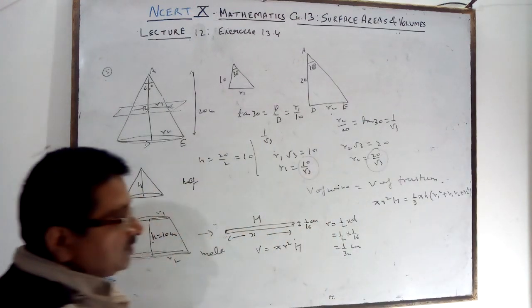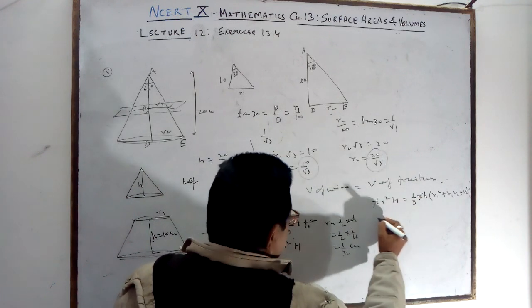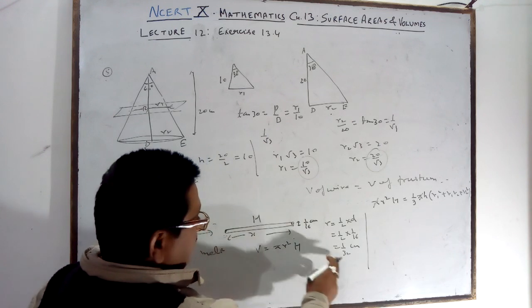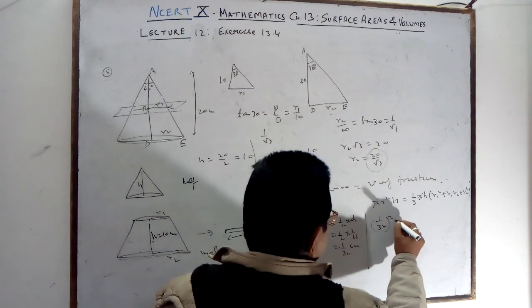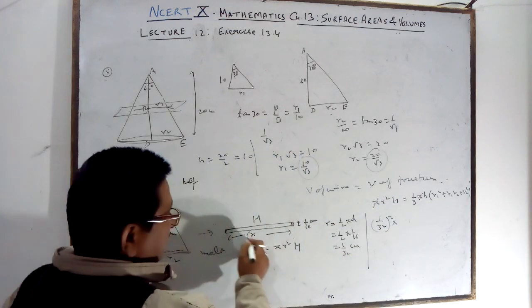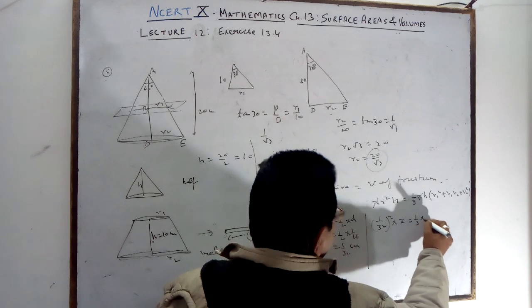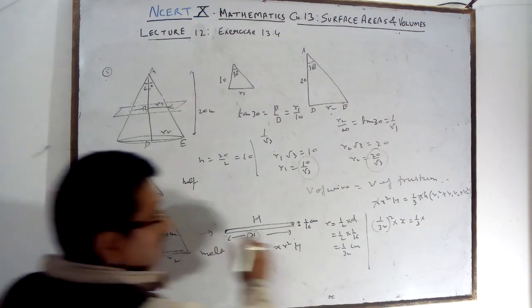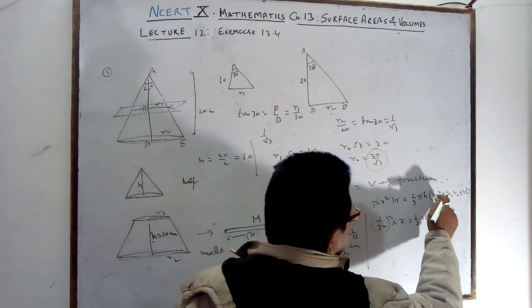It is the formula. Pi is cancelled from both the sides. R square, what is here? R is given as 1 by 32. So (1 by 32) square into H, which I have taken as x, is equal to 1 by 3. Here h is 10, the height of the frustum, multiplied by R1 square.